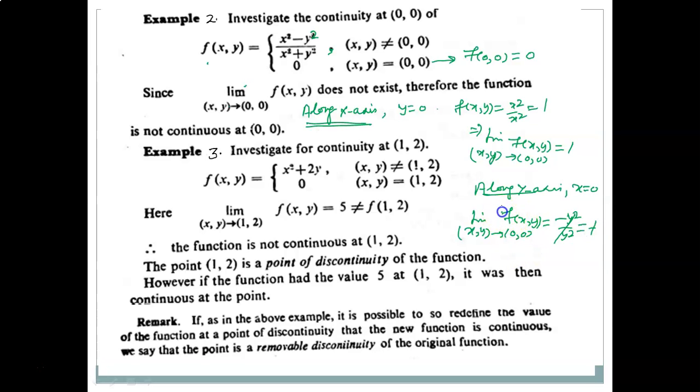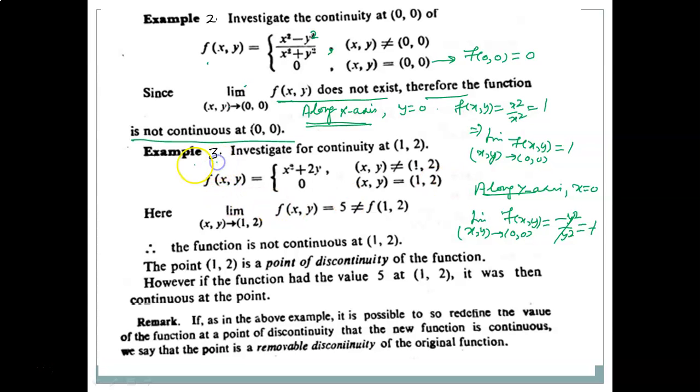So along the x-axis and along the y-axis, the limits are not equal. So you can say the limit of this does not exist. And if the limit does not exist at a point, then the function will not be continuous at that point.